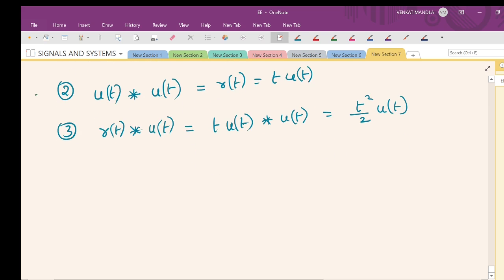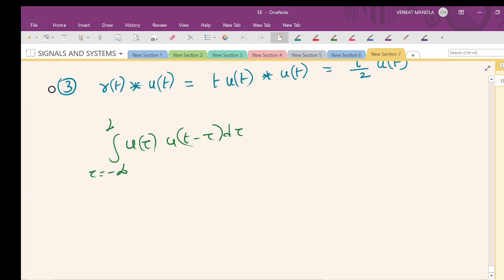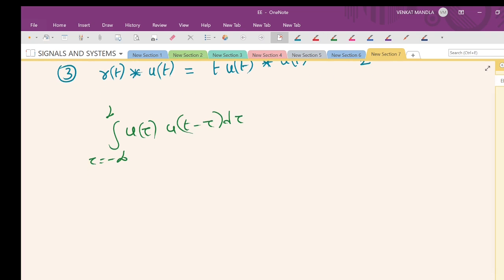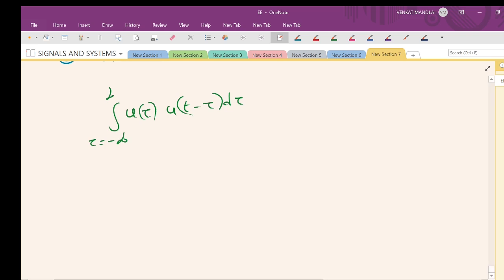Second one, u of t convolution with u of t. Take the integral from tau equal to minus infinity to plus infinity of u of tau, and the second signal is also u, so u of t minus tau d tau. The tau limits are important. The first signal u of tau equals 1 for tau greater than or equal to 0 and 0 for tau less than 0.